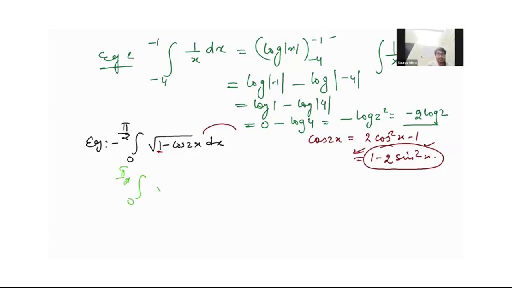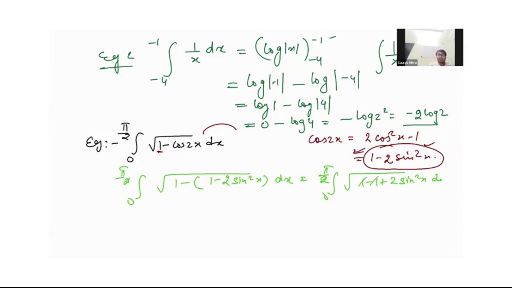If I substitute 1 minus cos 2x as 1 minus 2 sine square x dx and open the bracket, you will have 1 minus 1 plus 2 sine square x dx. Now the 1 is getting cancelled.